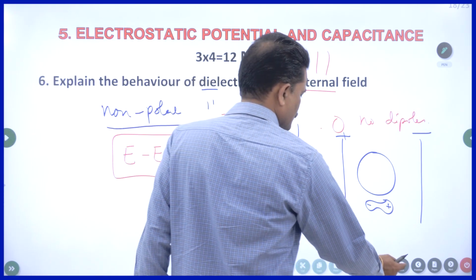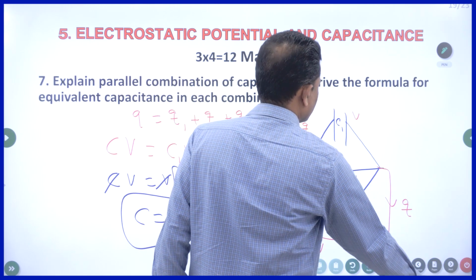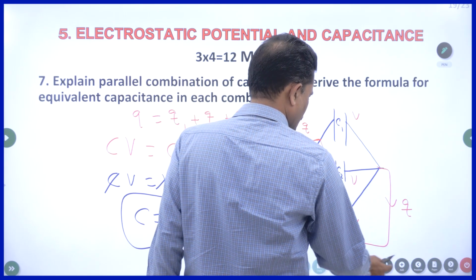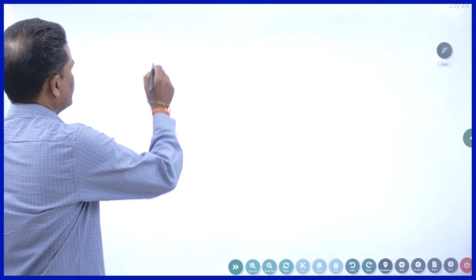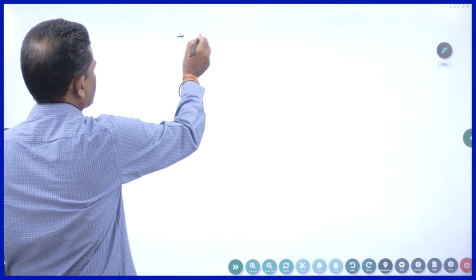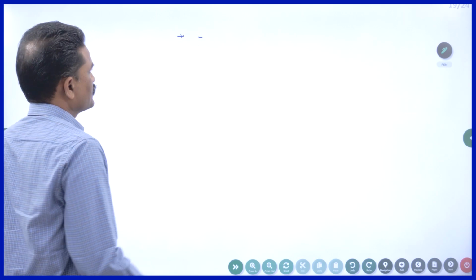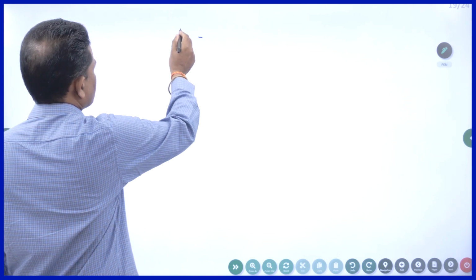Now, I place a polar dielectric. What happens? Polar dielectrics have positive and negative charges, that means dipoles. But let us indicate it by an arrow.